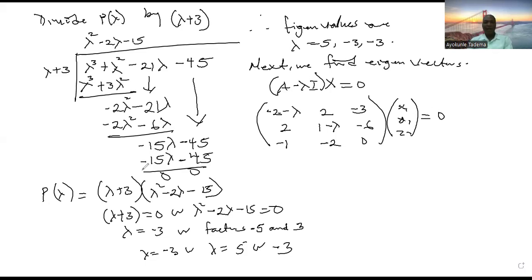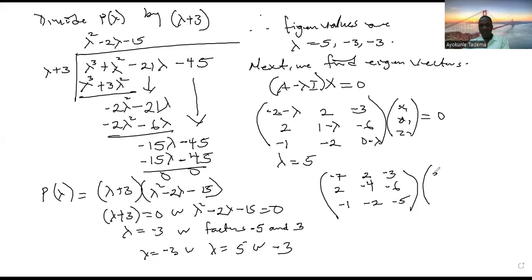Equals 0. Now, first and foremost, when lambda equals 5, we have minus 7, 2, minus 3; 2, minus 4, minus 6; minus 1, minus 2, minus 5, times X1, Y1, Z1 equals 0.